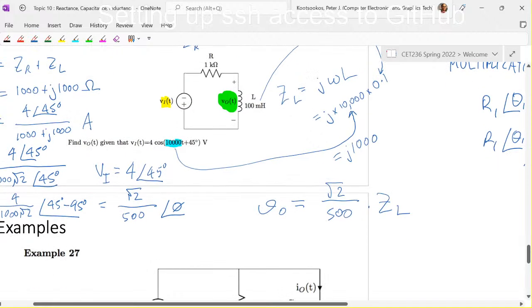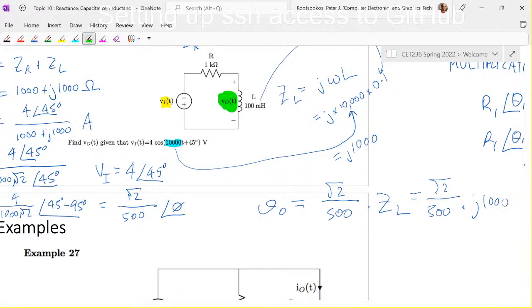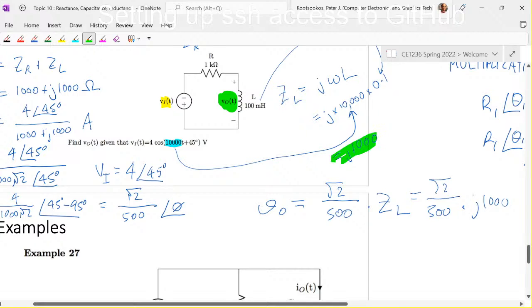ZL is j 1000, which is just coming from here. So it's j 2 root 2. And again, the units of complex impedance are ohms.